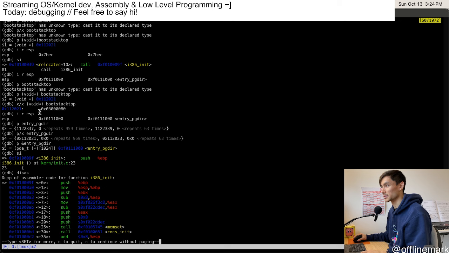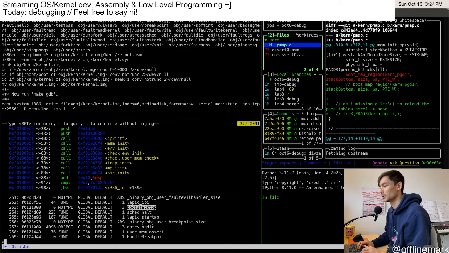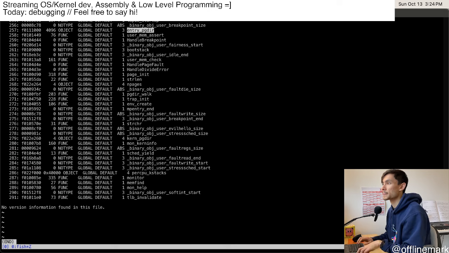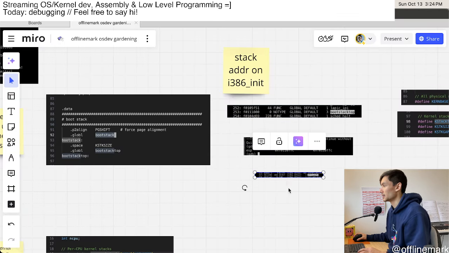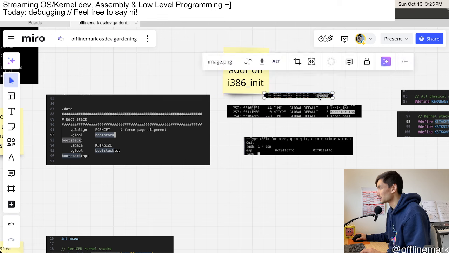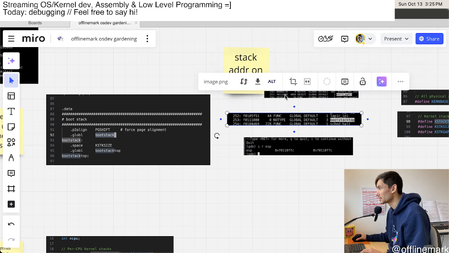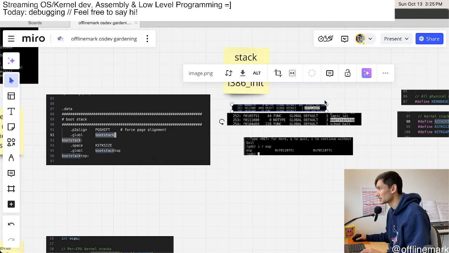What just doesn't make sense is why it says entry page dir. Although it just happens to maybe be a coincidence that they have the same address.